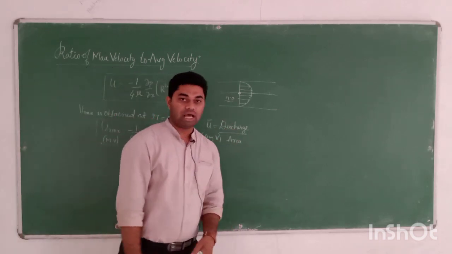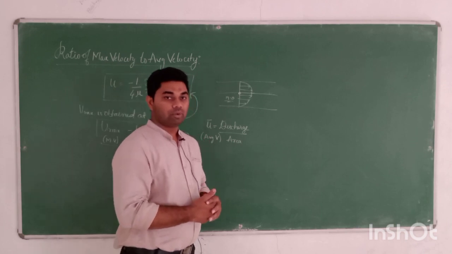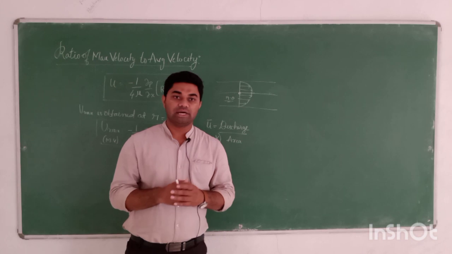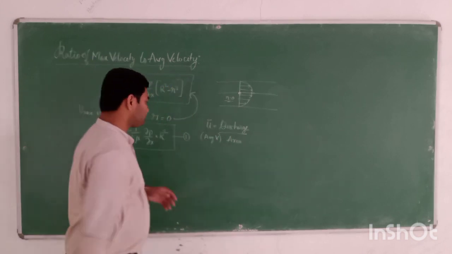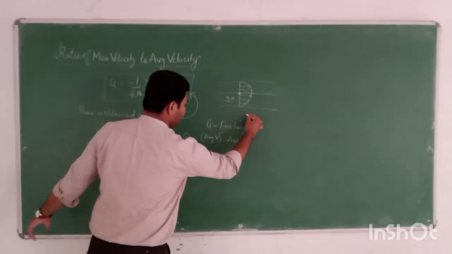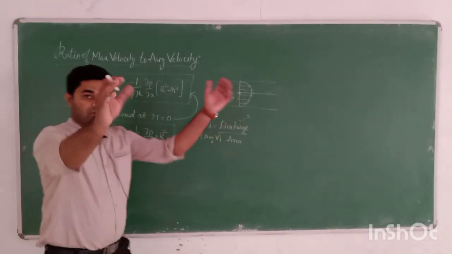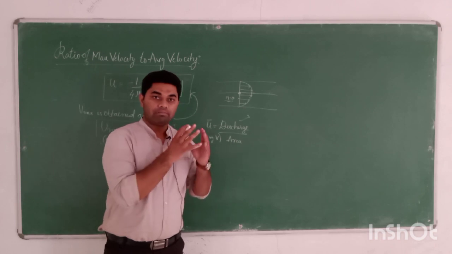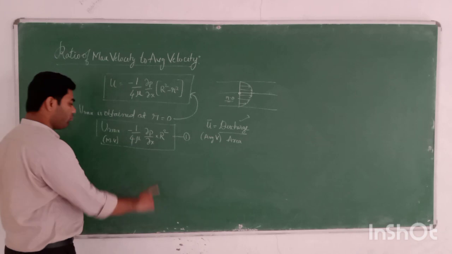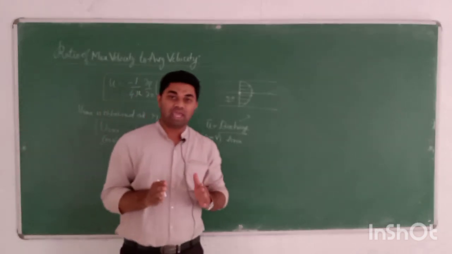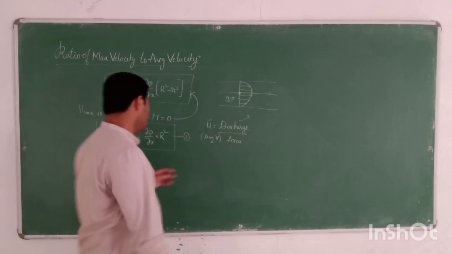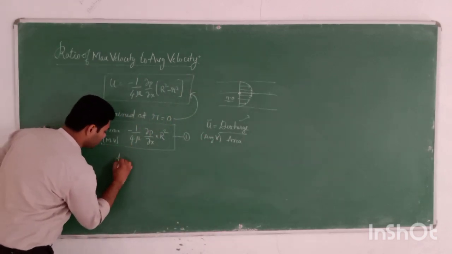First of all, we need to consider a section for calculation of discharge. Whenever we say discharge through a section, it represents an elemental region, so that is nothing but dQ.